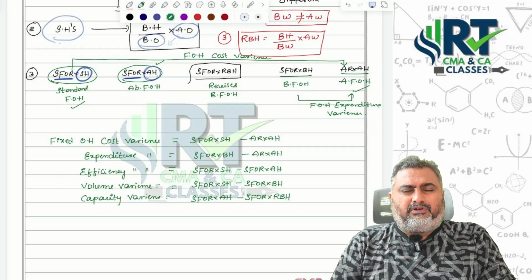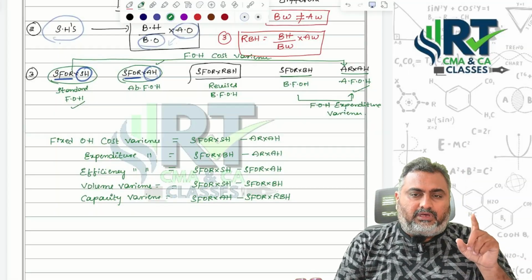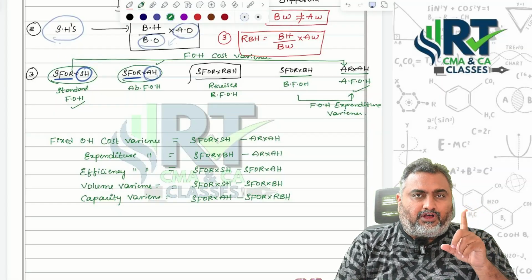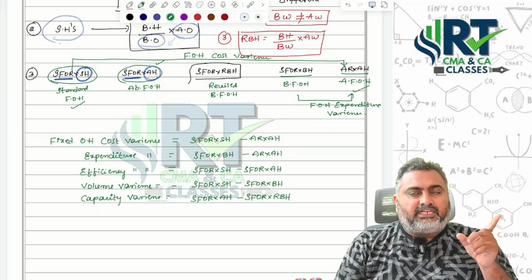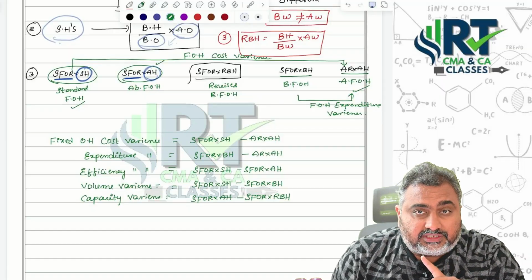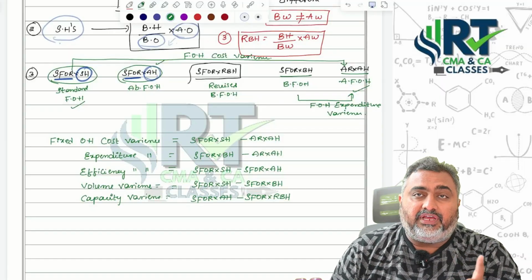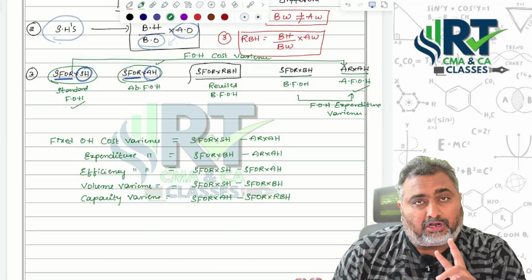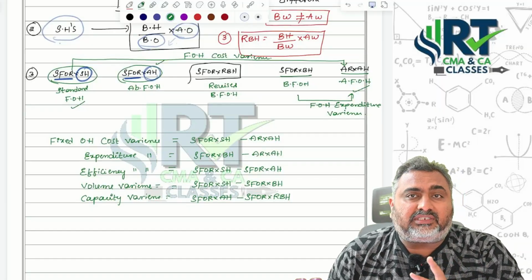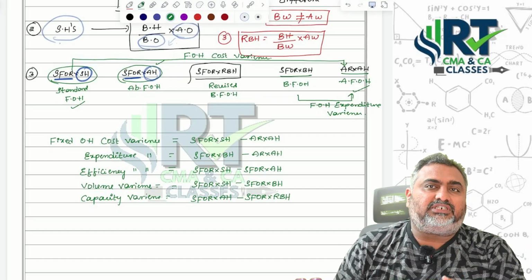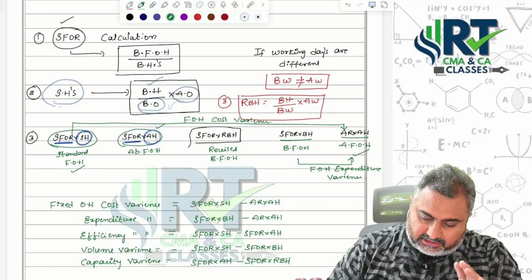Here be a little careful, Nana. If you don't have revised budgeted hours, in that situation it is SFOR into AH minus SFOR into BH; we take BH when RBH is not in the picture. Whenever RBH comes into the picture, capacity variance is not between absorbed versus budget. This is the difference between absorbed versus revised budget. We need to do the comparison.